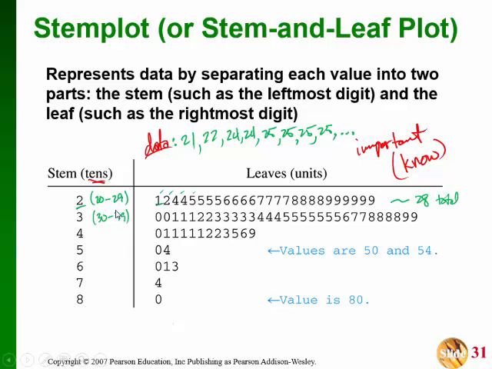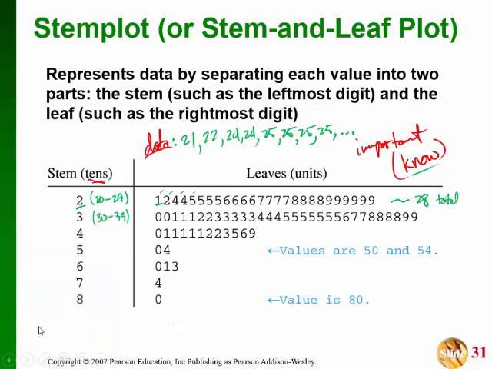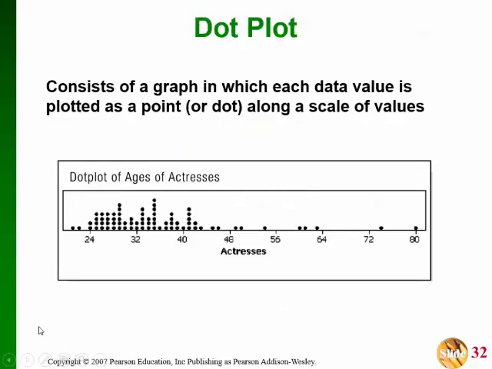Scatter plot is something that we're going to focus on later. So in terms of the first test, it won't be on the first test, but it will be later on for our class. I know this is a cumulative frequency dot plot.